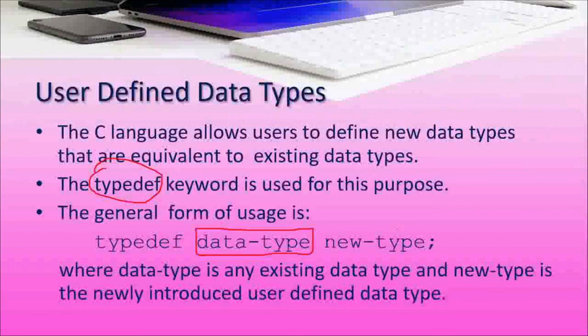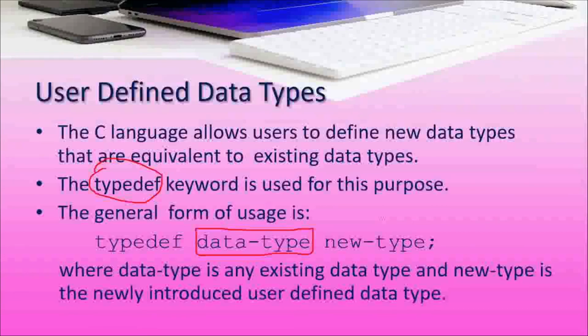So suppose we have created a data type of struct stud, then typedef stud is student. Then from then onwards we can use student as the new data type. So in order to define a new variable of student data type, you don't have to use the keyword struct again.